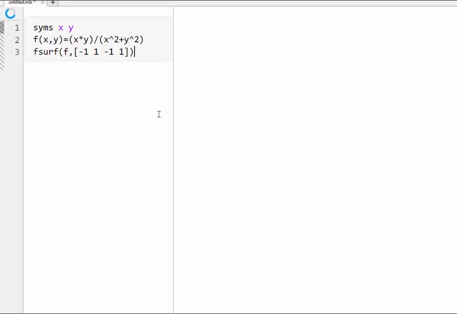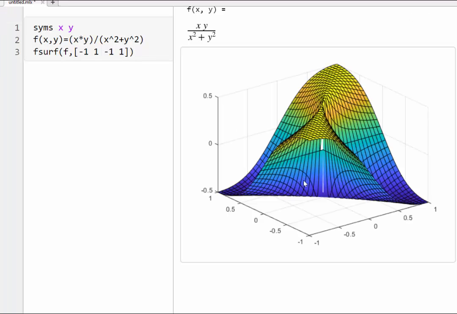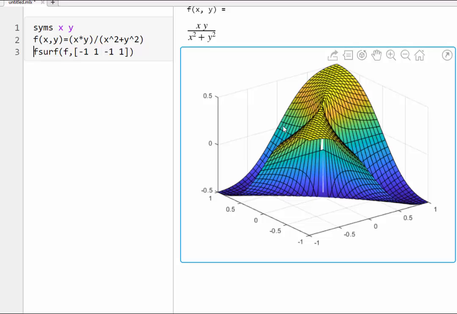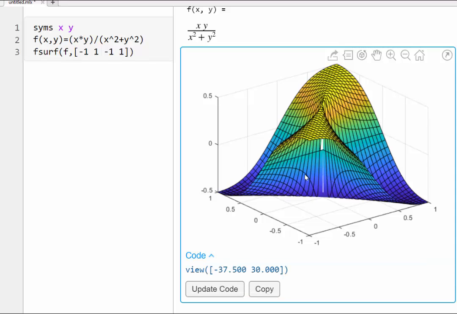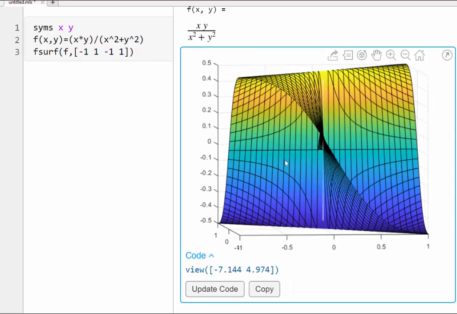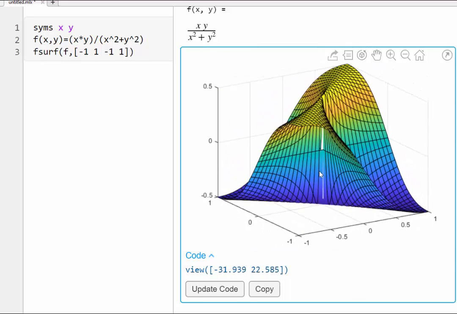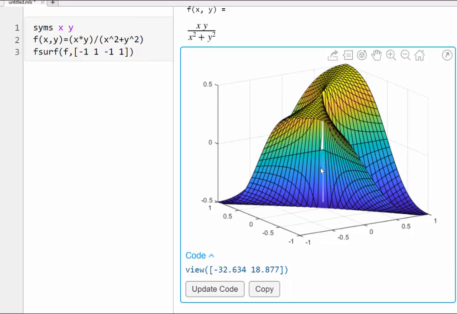So here we should have a graph of f coming up. So here we have a graph, and we can already see that at (0, 0) we have a problem, and the graph approaches the value 1/2 as we proceed via the line x equals y, and -1/2 via y equals negative x.